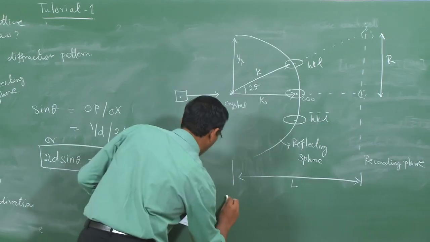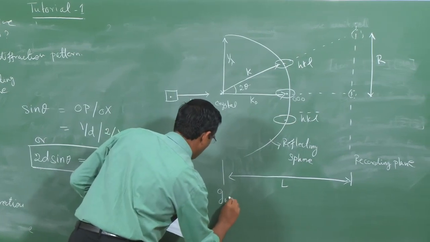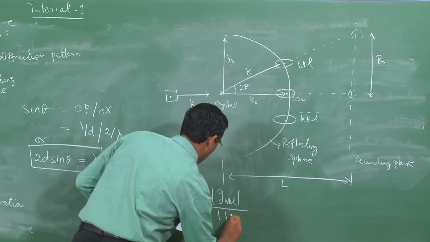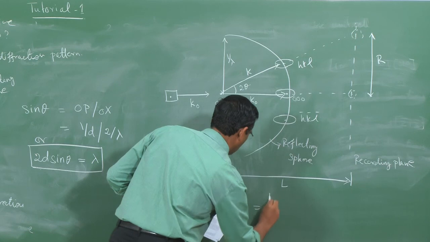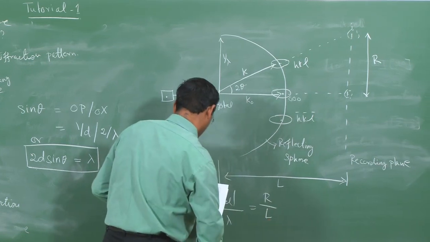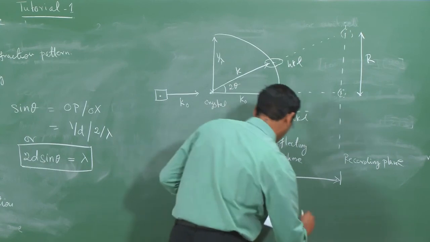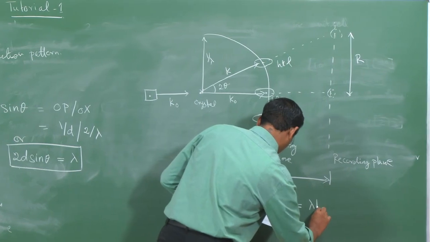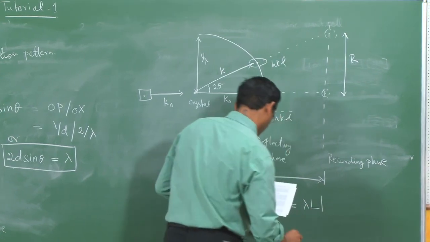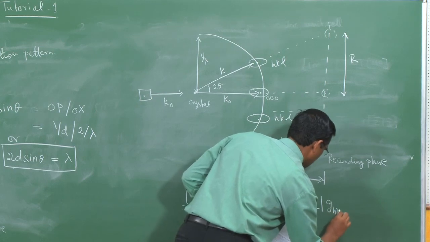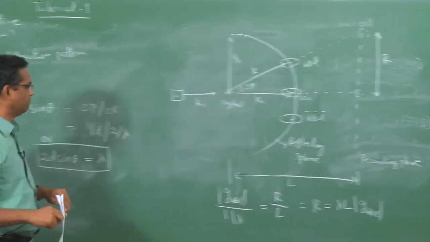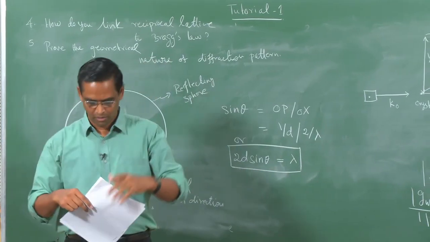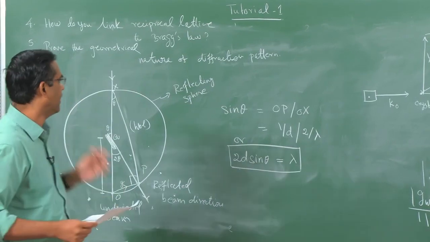So, you can write this relation G_hkl by 1 by lambda is equal to R by L, or we can write R is equal to, so you can use these simple relations to solve some of the problems which you have been given in the assignments.